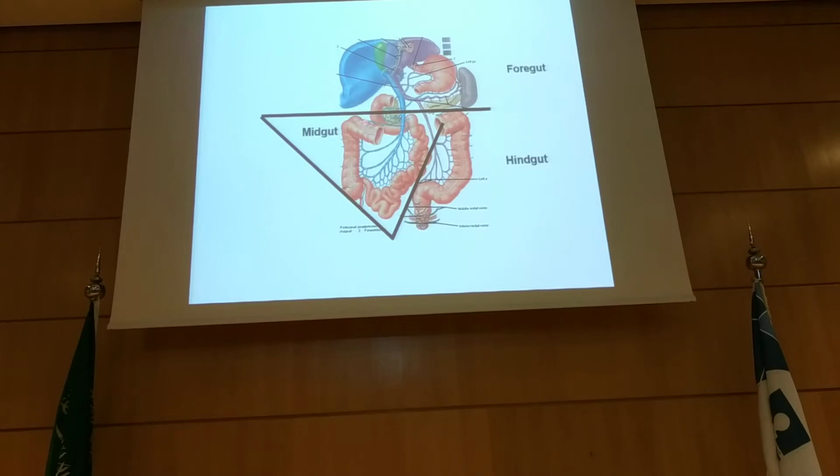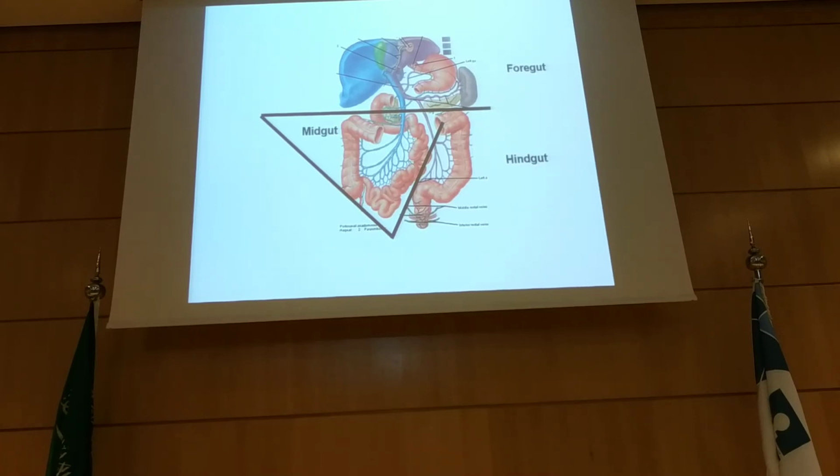Midgut is the lower half of the duodenum, ileum, cecum, ascending colon, and 3/4 of the transverse colon. The rest will be the hindgut.